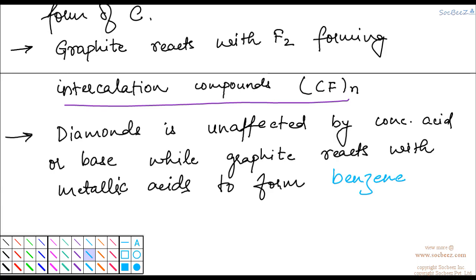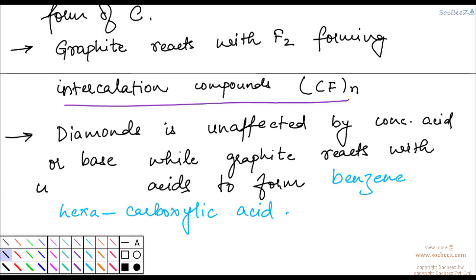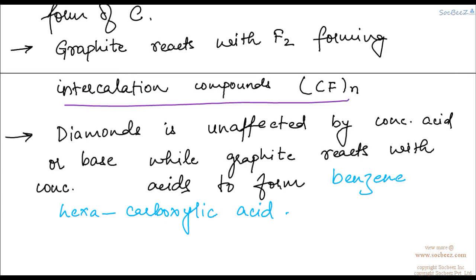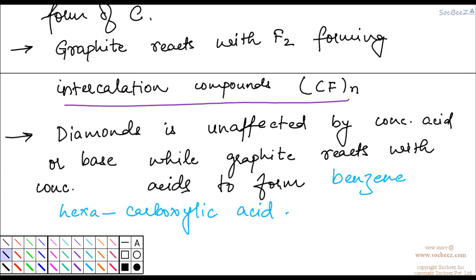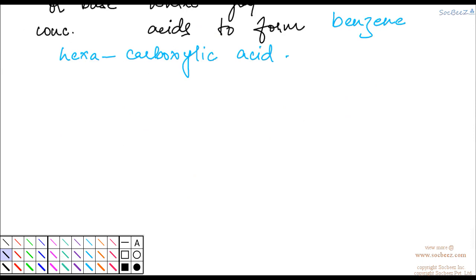benzene hexacarboxylic acid. Okay, so graphite reacts with conc acids to form benzene hexacarboxylic acid.